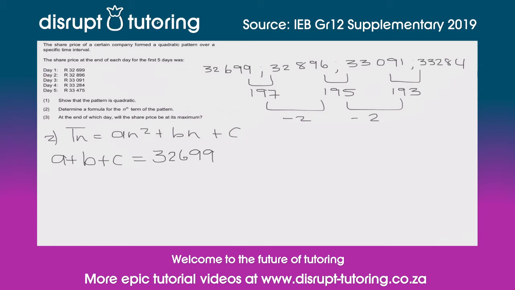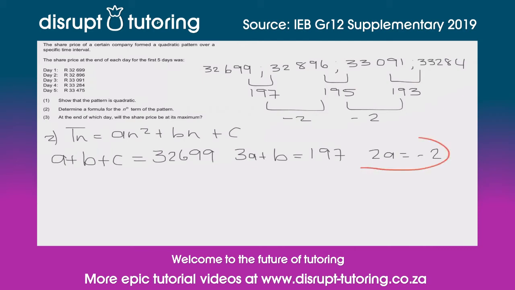So that's really nice and useful. Then we know that 3a plus b is equal to the first term of our first difference, so that's going to be 197. And then the common second difference is going to equal 2a, which equals minus 2.